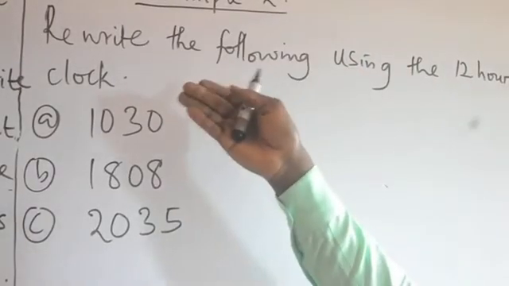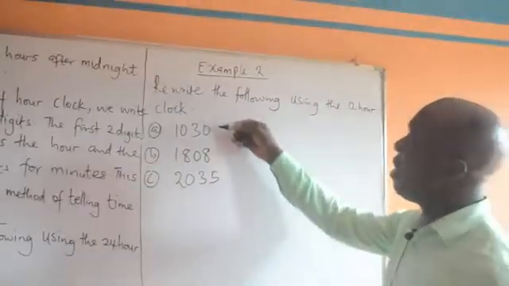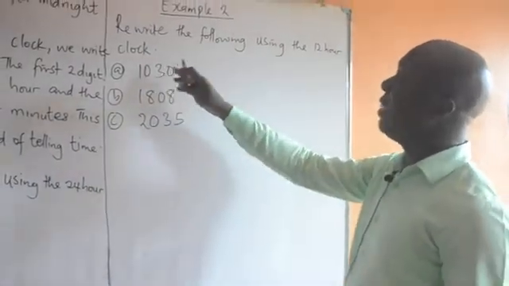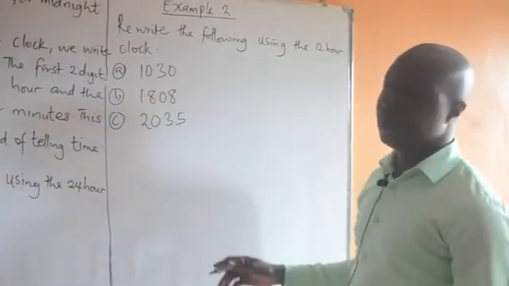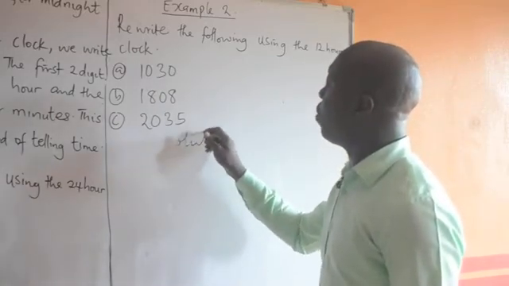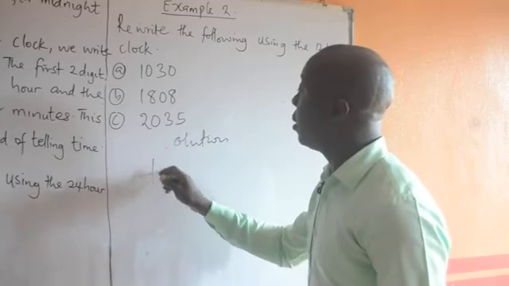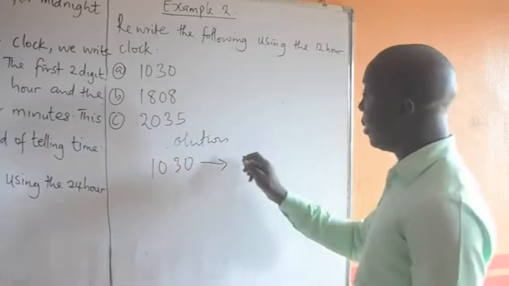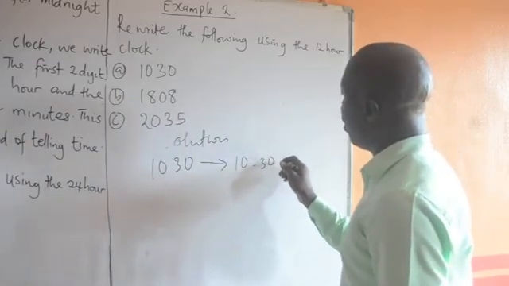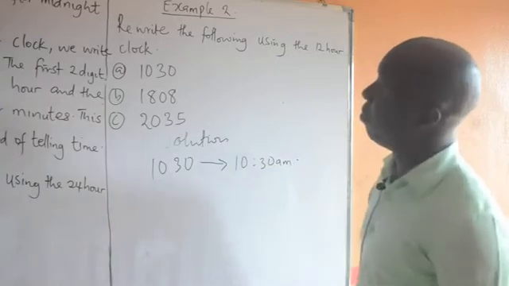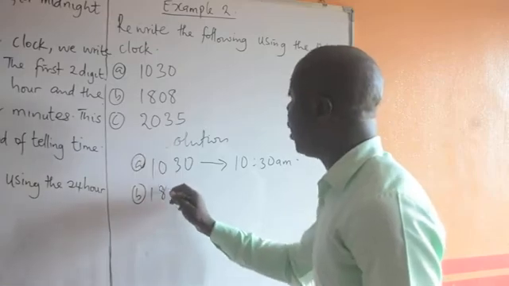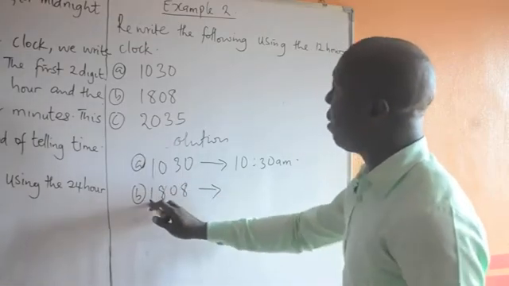Then we have our example 2. Rewrite the following using the 12-hour clock. We have 10:30. If you want to write it in 12-hour clock, 10:30 is the same thing as 10:30 a.m. And the B part, 18:08, look at the first two values.